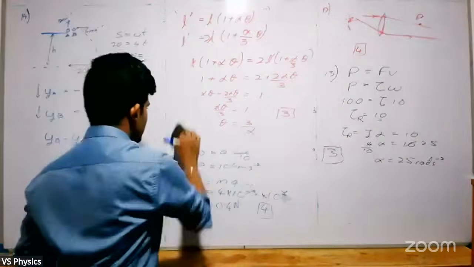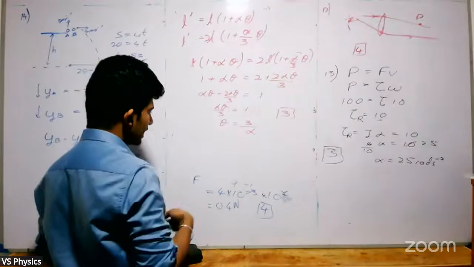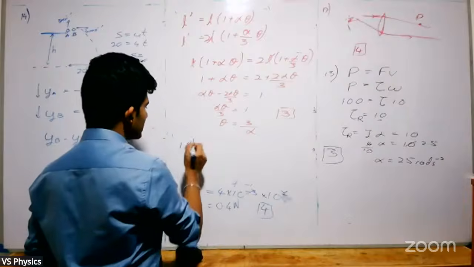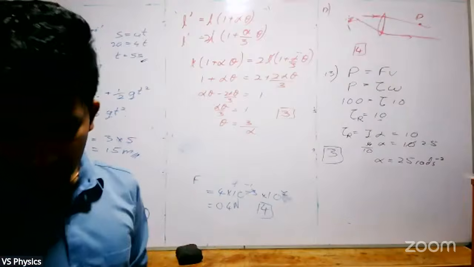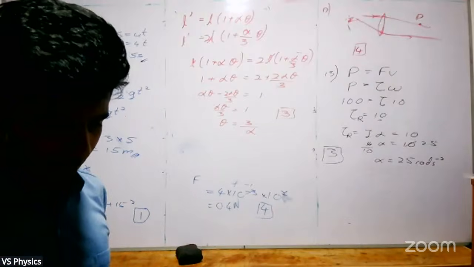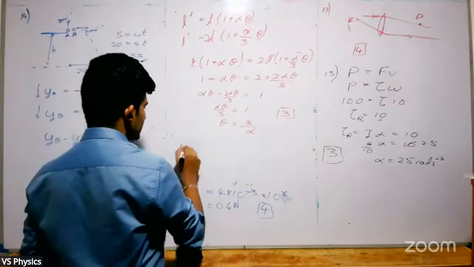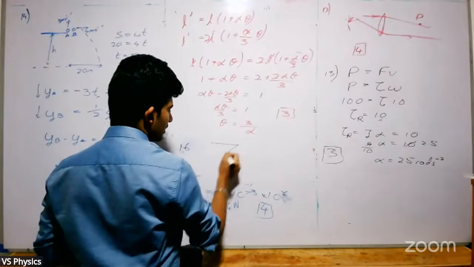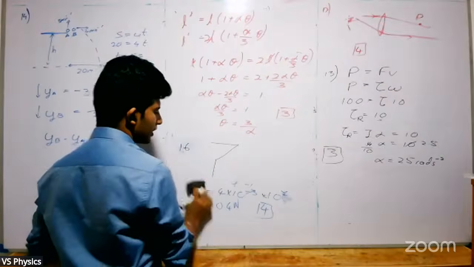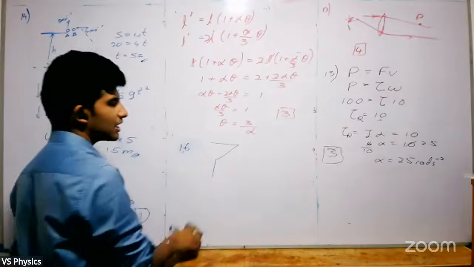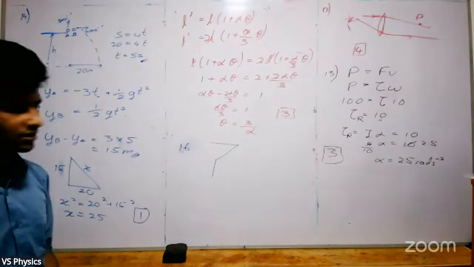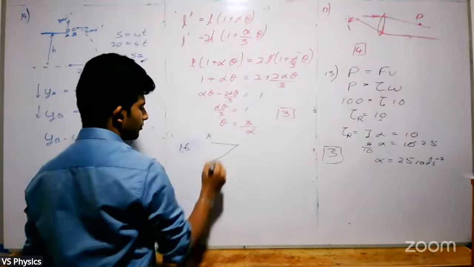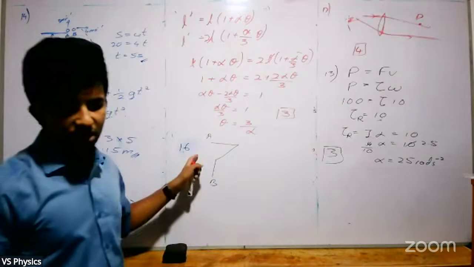Next one is also a logic question. We can directly answer it. This is question 16. We have a distance graph like this of a path. We are starting from here and going from here.